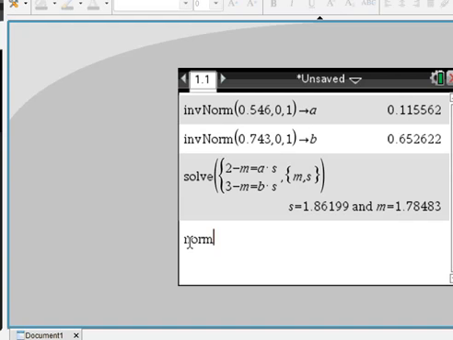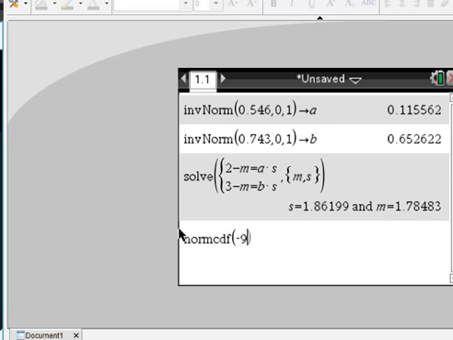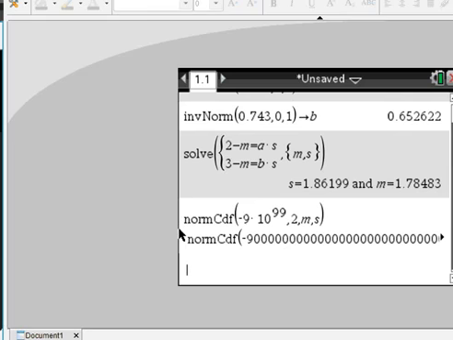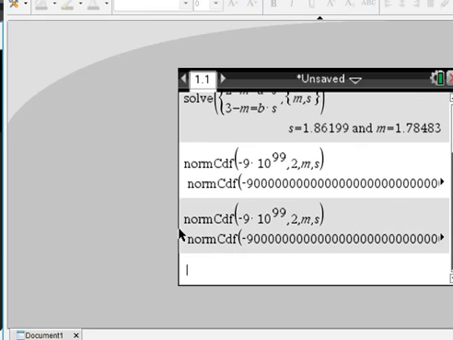Let's see. Norm CDF from minus infinity to mean is M, standard deviation S. So what's the answer?